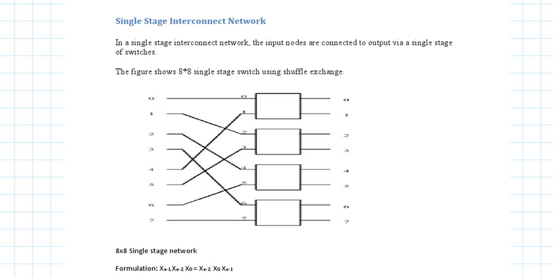Now, how does this shuffle exchange interconnection network go? To understand that, let me draw a sequence of processors.